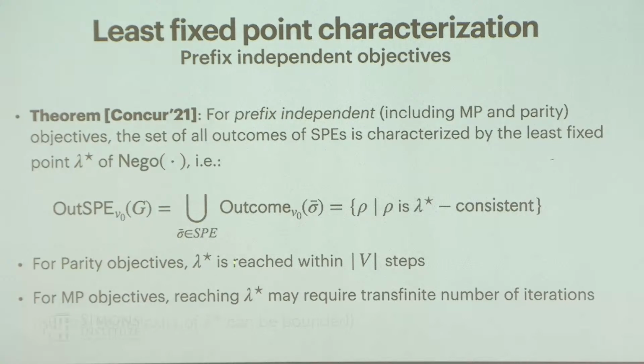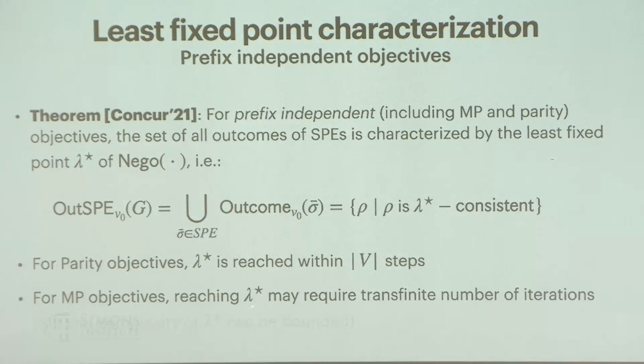For parity games, it's not difficult to see that this fixed point will be reached after at most V steps, right? Because in the case of parity games, it's 0-1 information, and so this value will only increase along the application of the negotiation function. So it can increase only V times, V being the number of vertices in the game graph.